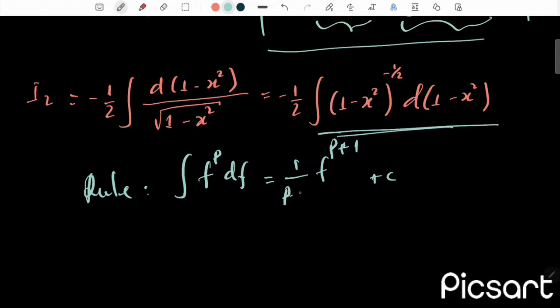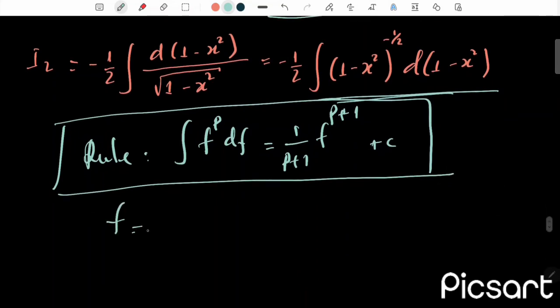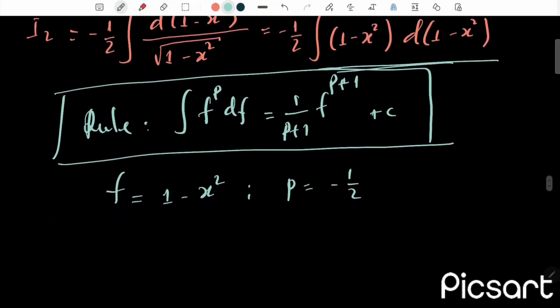Okay, p plus 1, this is the rule. And for our exercise, f is equal to 1 minus x squared and p is equal to minus 1 over 2.